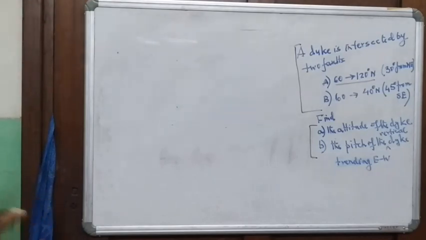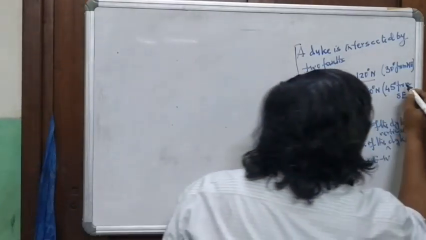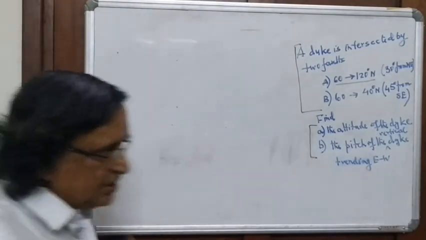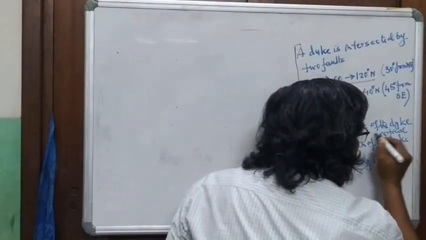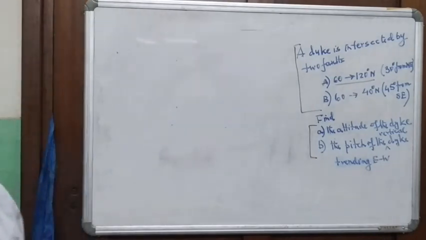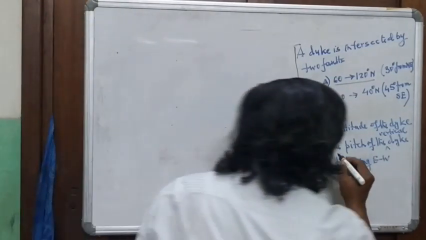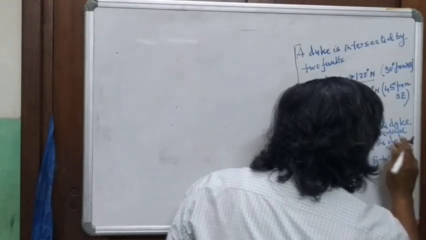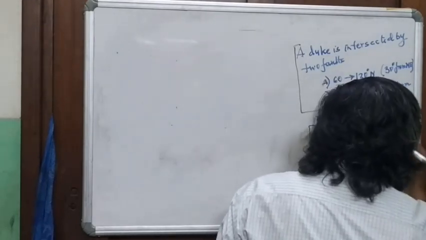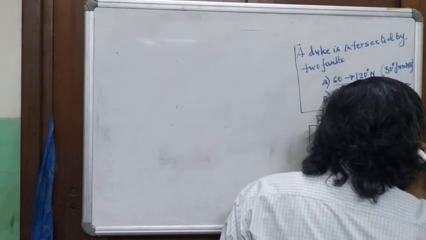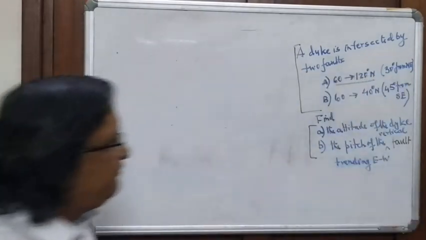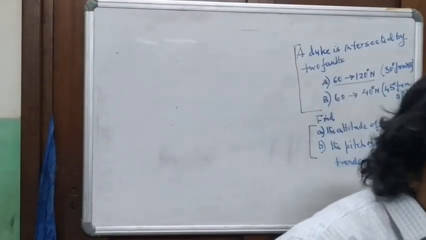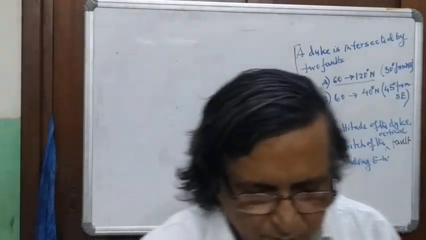And the pitch of the same dike is 45 degree from the southeast. Now what is asked is, find the attitude of the dike. That's the first thing. And second, the pitch of a vertical fault trending east-west. So how do we go and solve this problem?